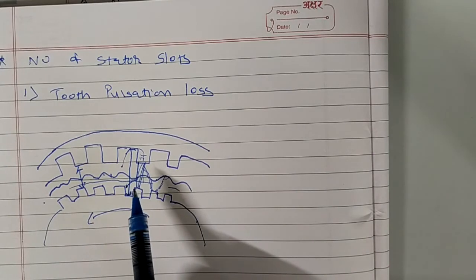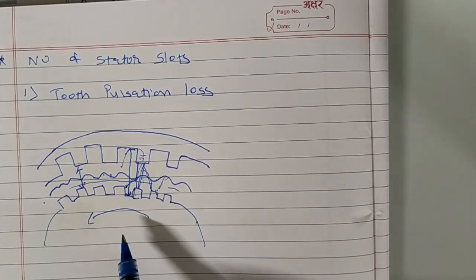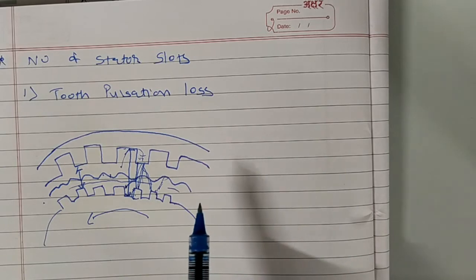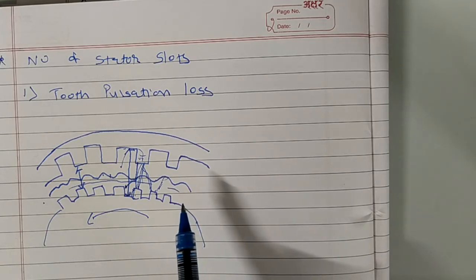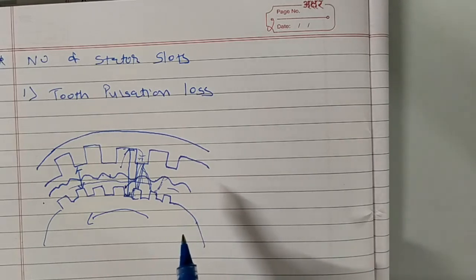In a motor with open type slots, the slot openings have a considerable effect on the air gap reluctance. It means the air gap reluctance is a little bit variable in nature. So the slot should be selected such that there is minimum variation of the air gap, or the air gap reluctance should be as small as possible.